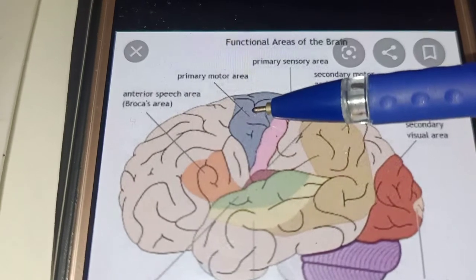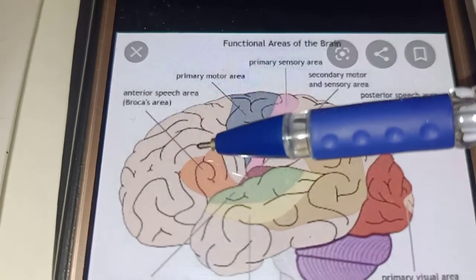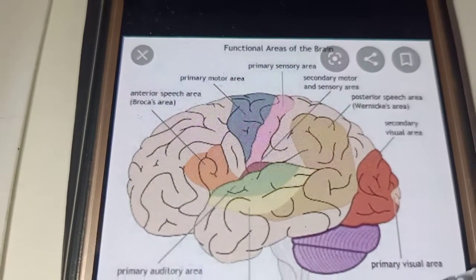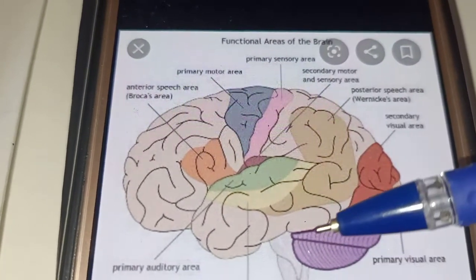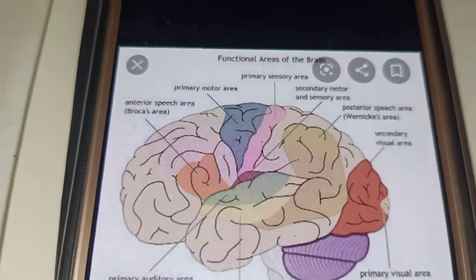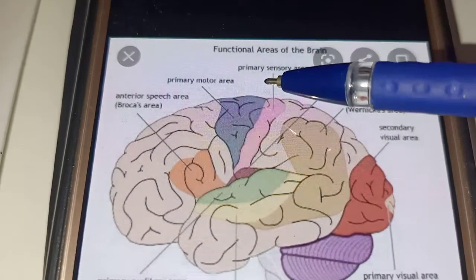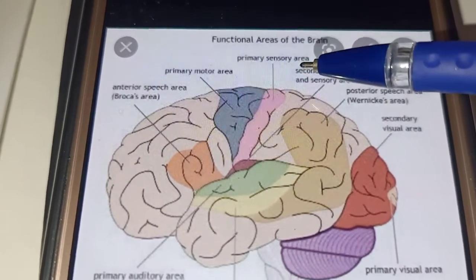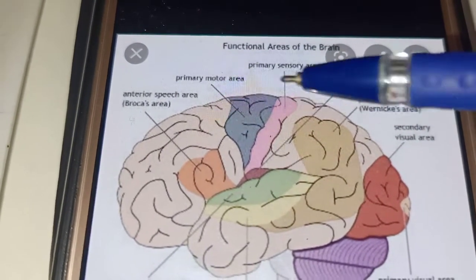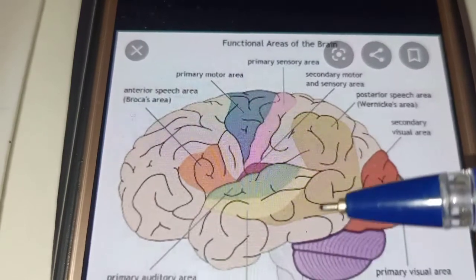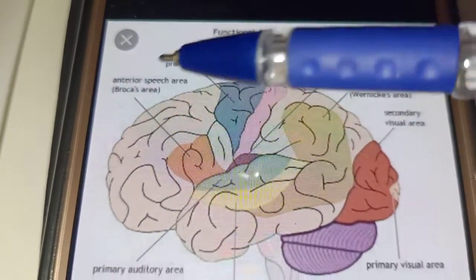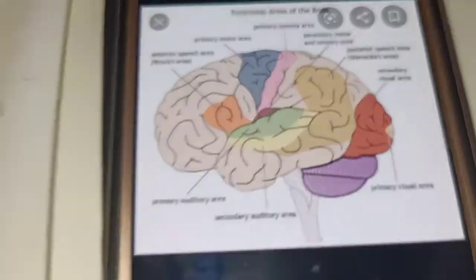In the motor area, there are efferent fibers which will go down, and it will lead to a reaction, or there will be movement. So this is a very important functional area of the brain: the sensory area which receives senses, and the motor area where reactions occur. I'll talk in detail when I discuss the functional areas of the brain. This is just an introduction I am giving you all.